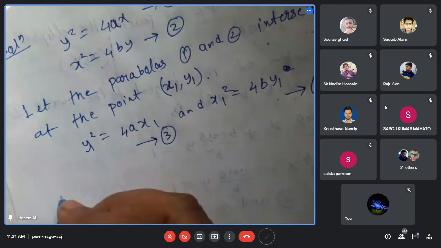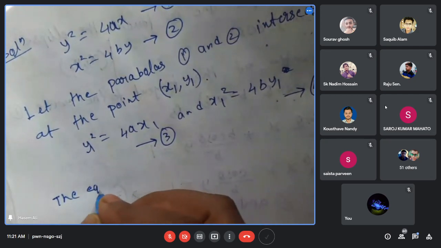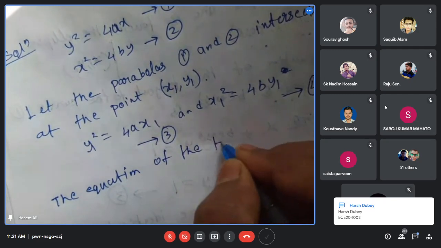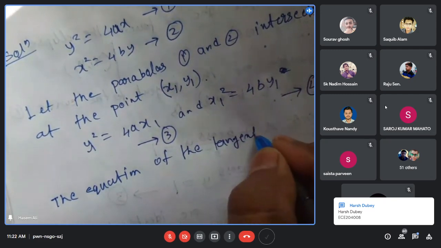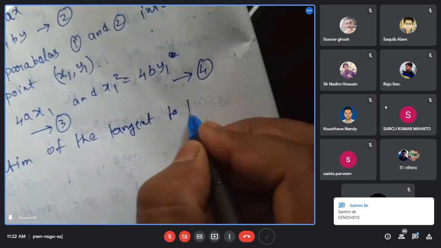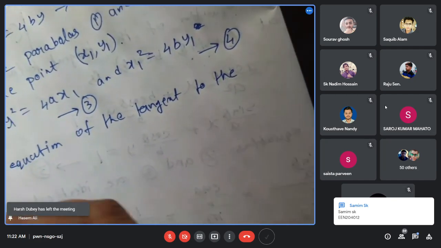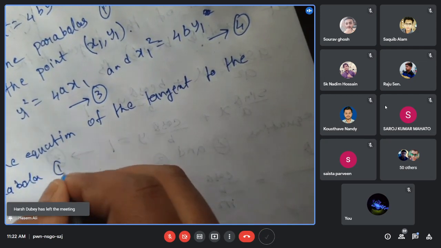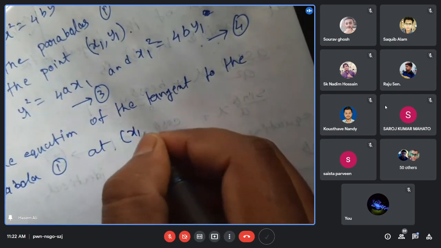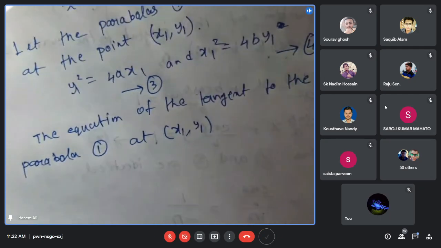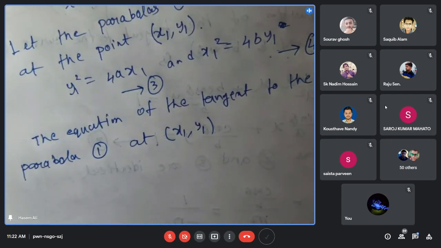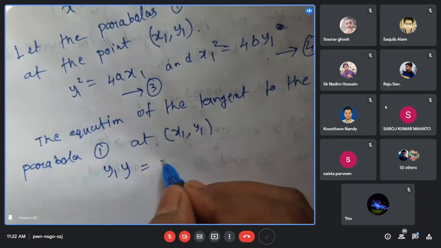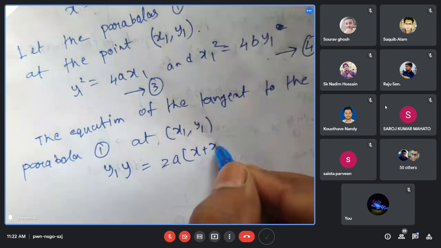Now the equation of the tangent to the parabola 1 at the point x1 y1 will be y1 y equals to 2a into x plus x1.